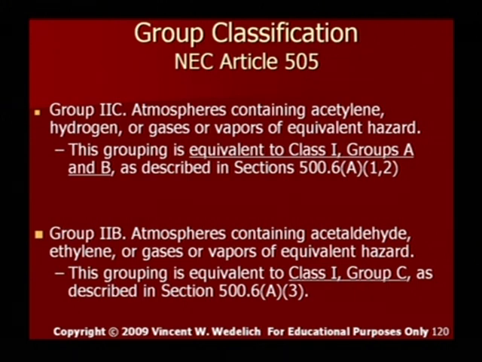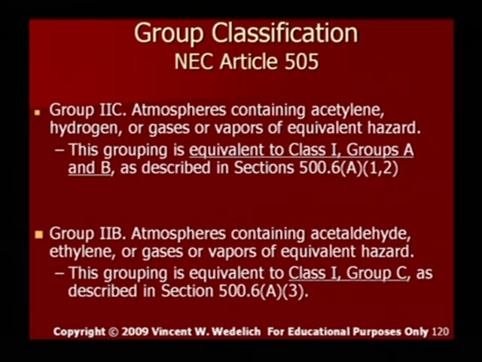Group classification, NEC Article 505. Group 2C, atmospheres containing acetylene, hydrogen, or gases or vapors of equivalent hazard. This grouping is equivalent to Class 1 Groups A and B as described in Sections 500.6(A)(1), (2). Group 2B, atmospheres containing ethylene, or gases or vapors of equivalent hazard.